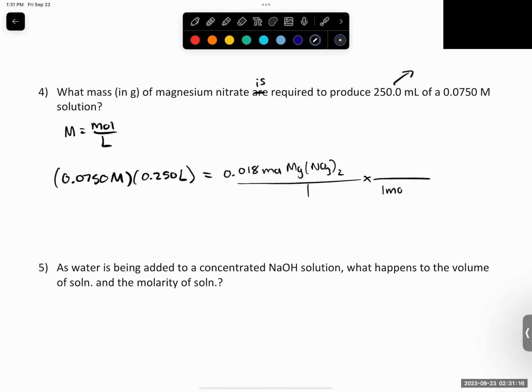So 1 mole of magnesium nitrate weighs how many grams? 148.3305. Okay. And putting this into your calculator, what did you get? 0.7 grams of magnesium nitrate.